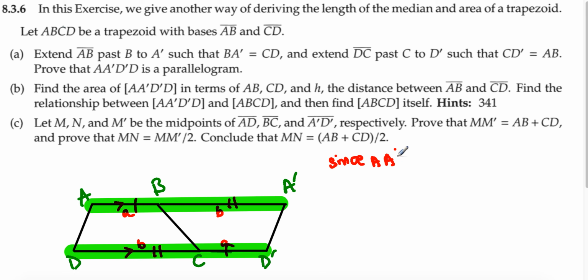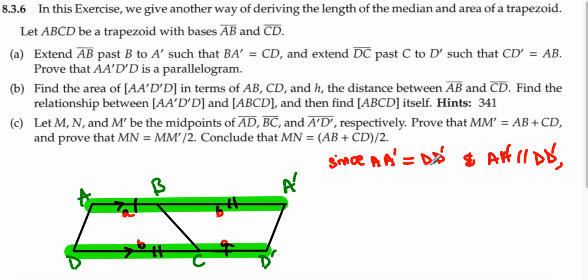Since opposite sides are equal in length, A prime equals D prime, by the addition postulate, I guess we can say that, and A prime is parallel to D prime.